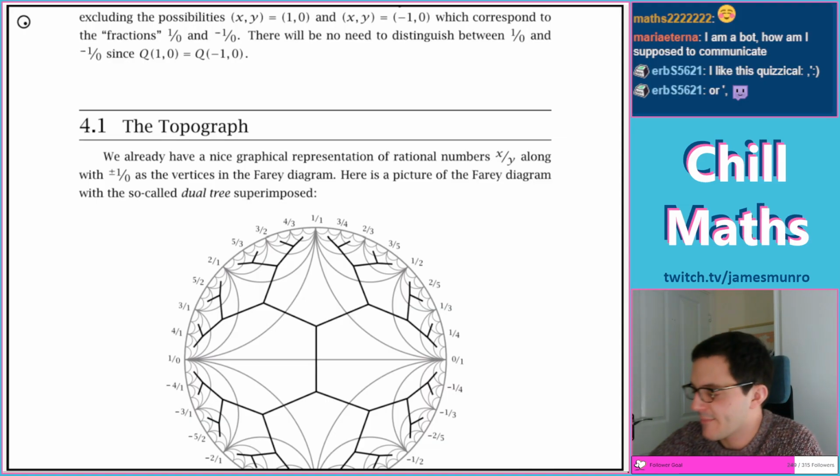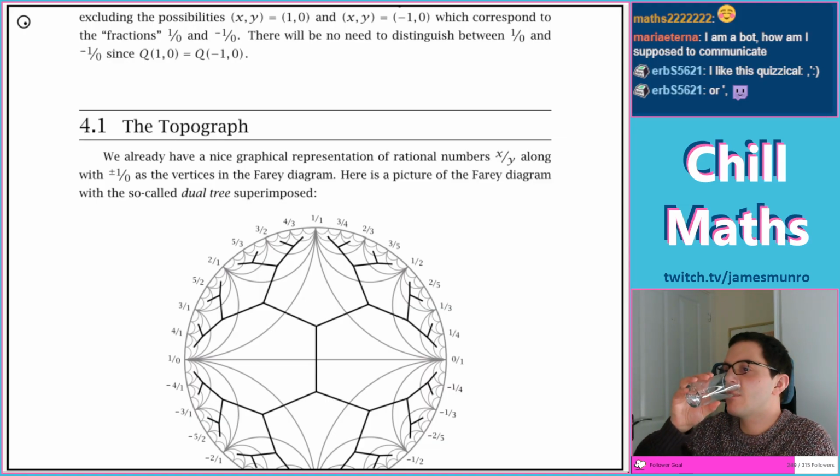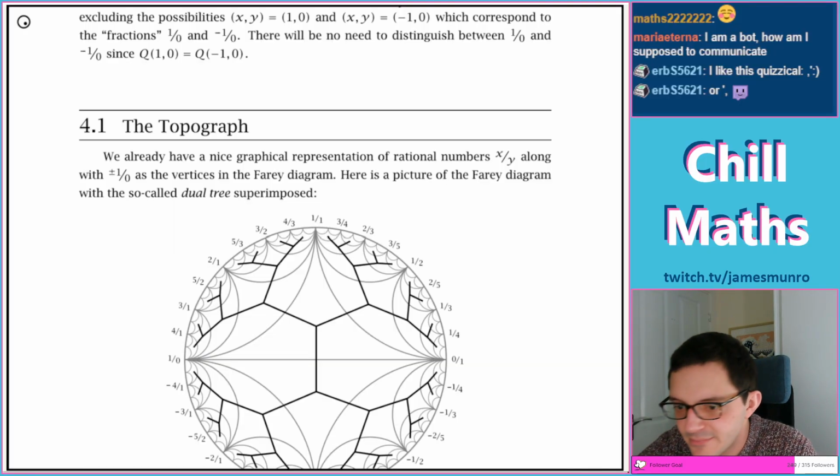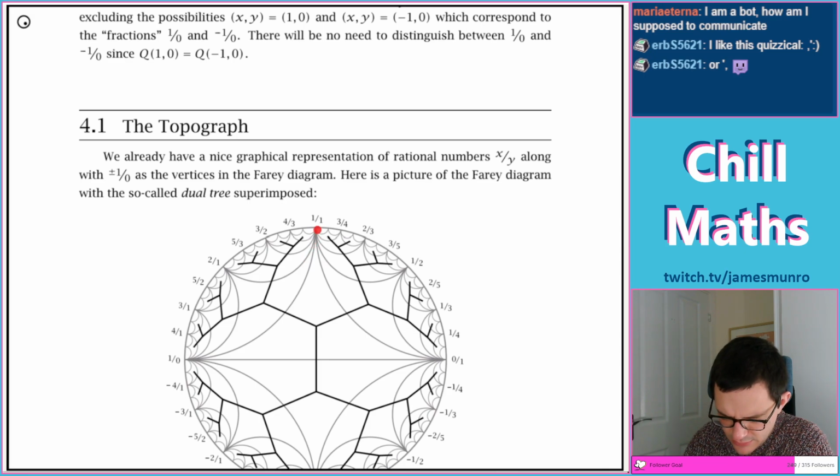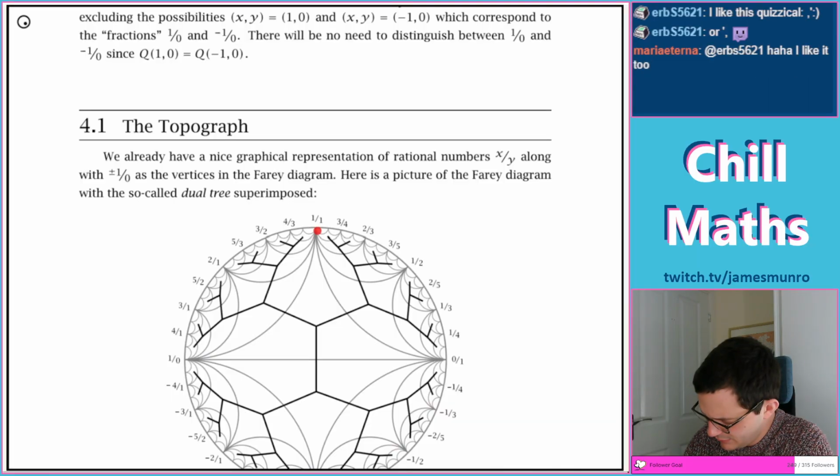Say it again. There's really a lot of edges on this region, so let's not think about those. Why is this region necessarily connected to the fraction? Oh, this is all right, I suppose.